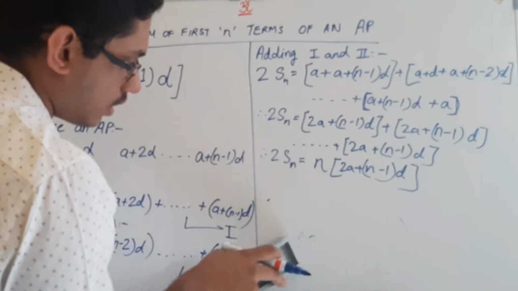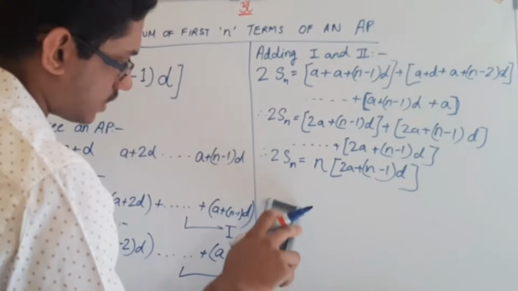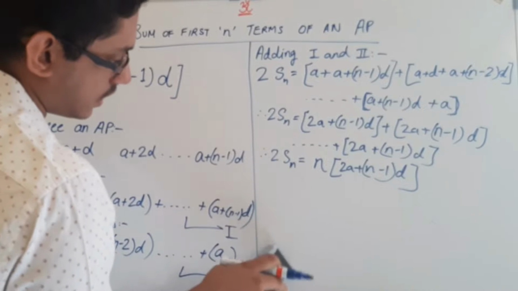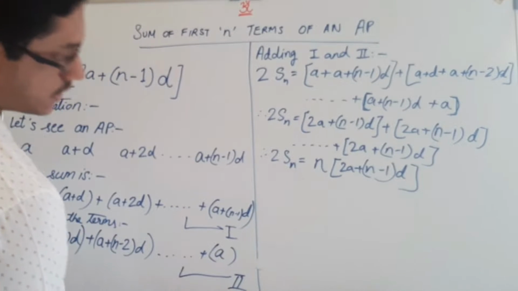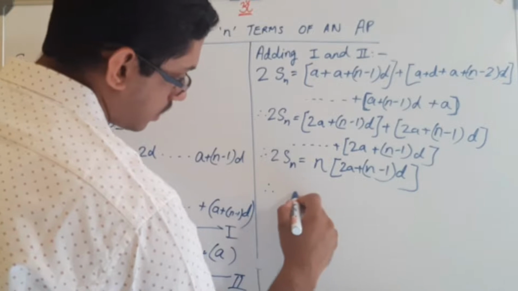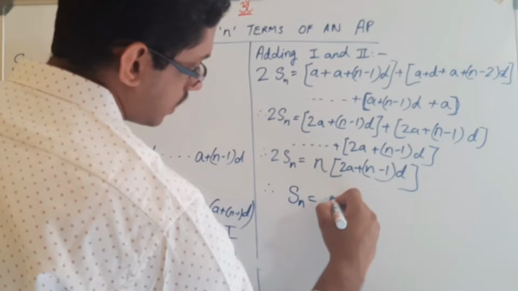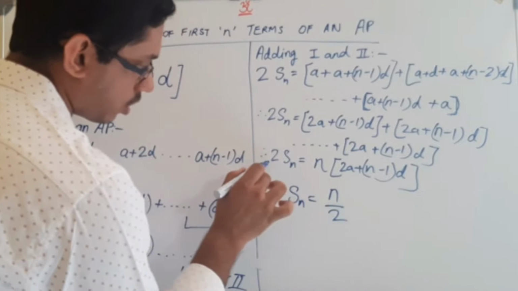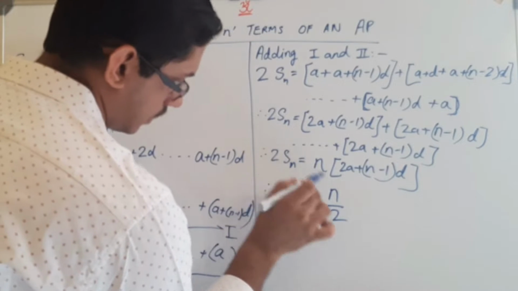So, when this result arrives, only one step remains. What is that step? Therefore, Sn is equal to n by 2. I brought this 2 here in the denominator.